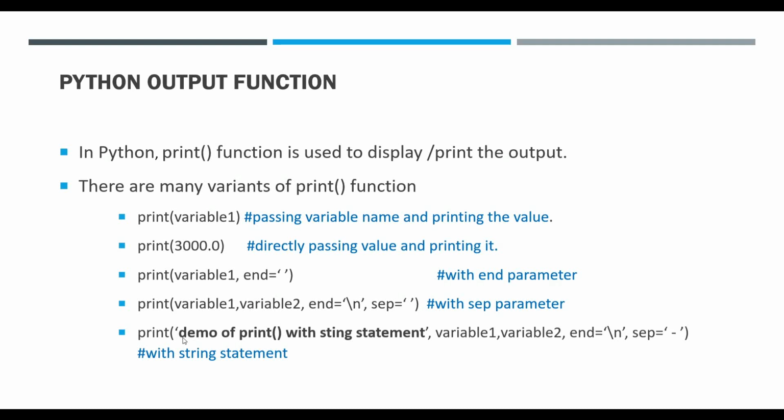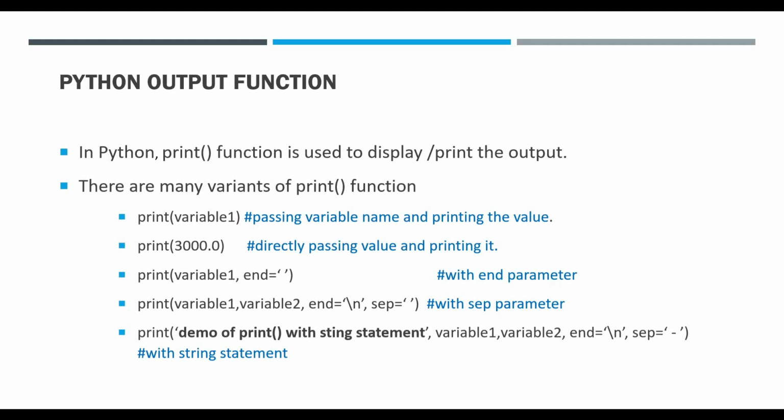Another variant we can have is to print a statement, like the one I have taken here, the string, then the variables, then the end parameter and separator parameter. Inside end I have used a new line character, and inside separator I have used a hyphen. We can use different separators as well. All of these variants of the print function we'll see in the coding.